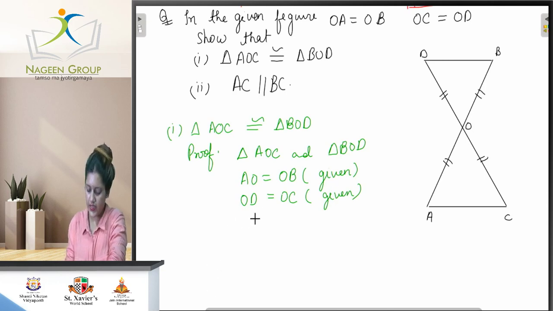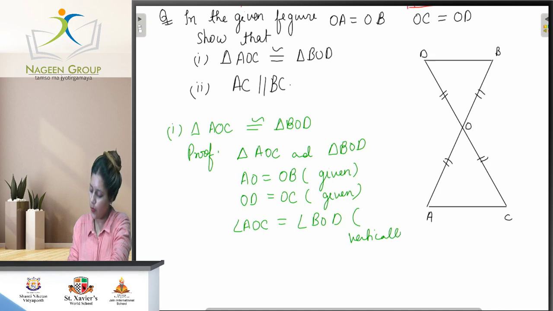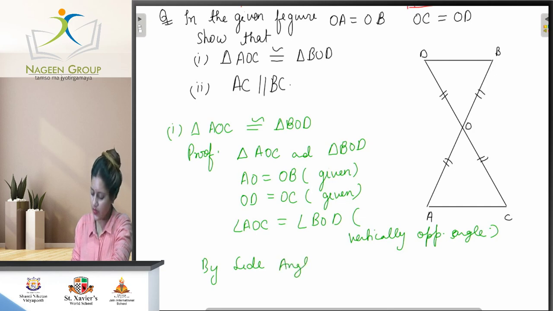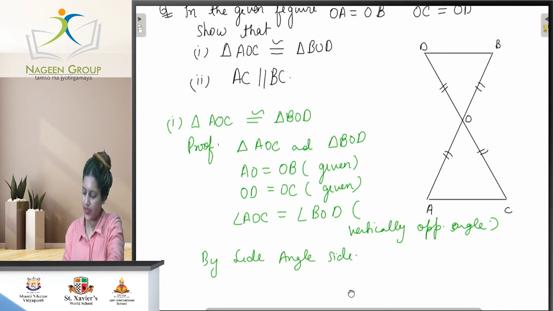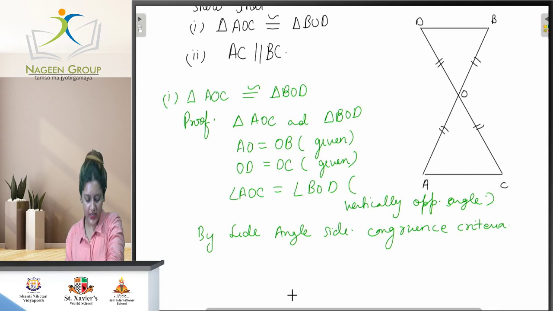Now the last one is that angle AOC is equal to angle BOD, because they are vertically opposite angles. So by side angle side congruence criteria, it is proved that triangle AOC is congruent to triangle BOD.